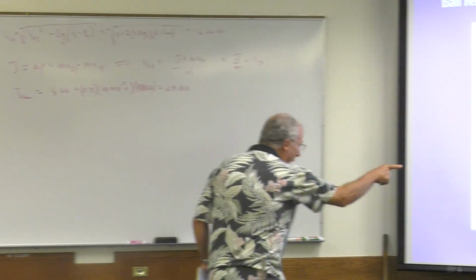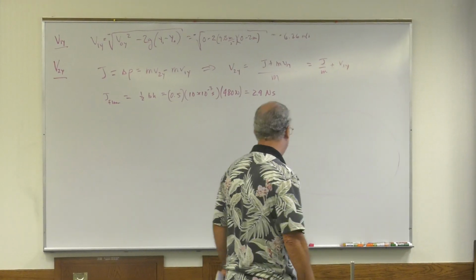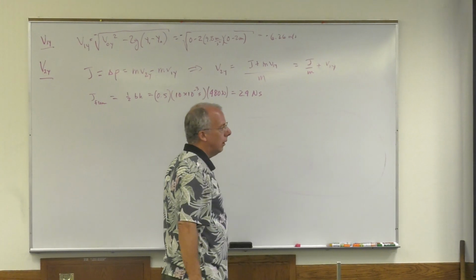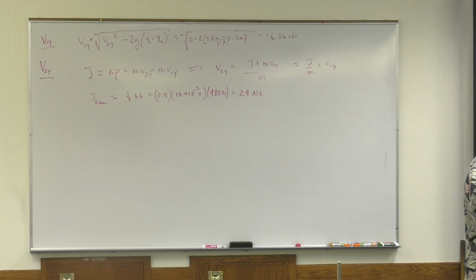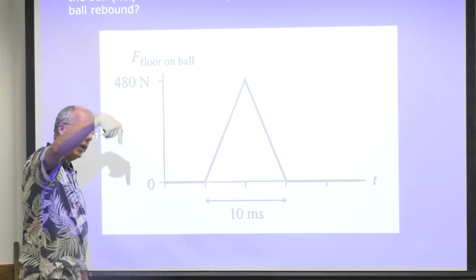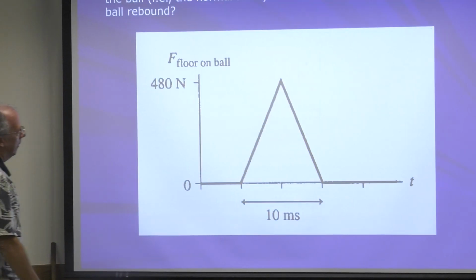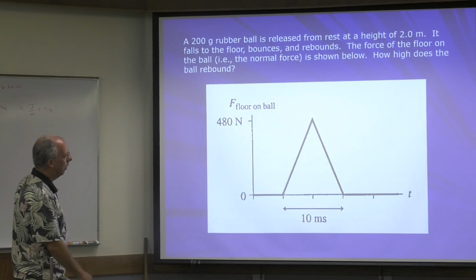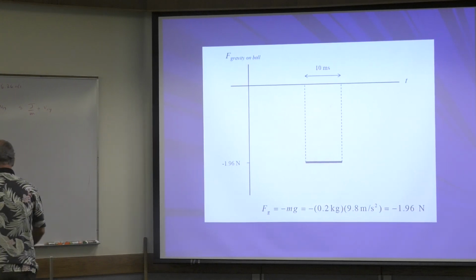The normal force is not constant, but the force of gravity is constant. Now remember, up is positive: the normal force is in the positive direction, and the gravitational force is in the negative direction. You've got to be careful with those signs. So that's the impulse from the floor, or the normal force. Here's the impulse for gravity.